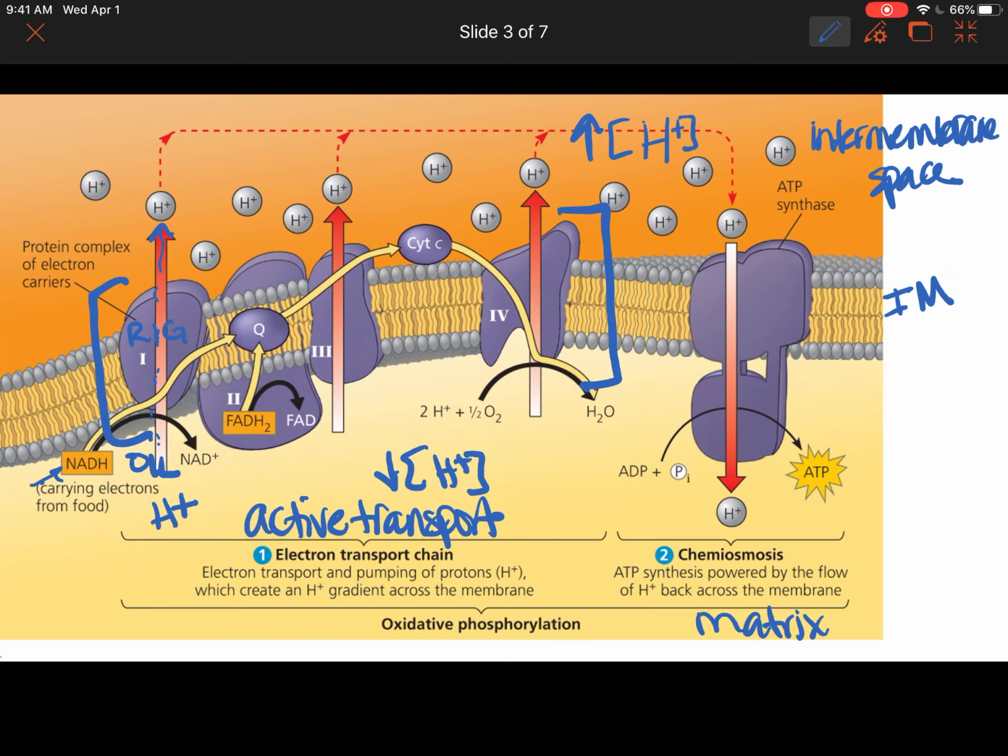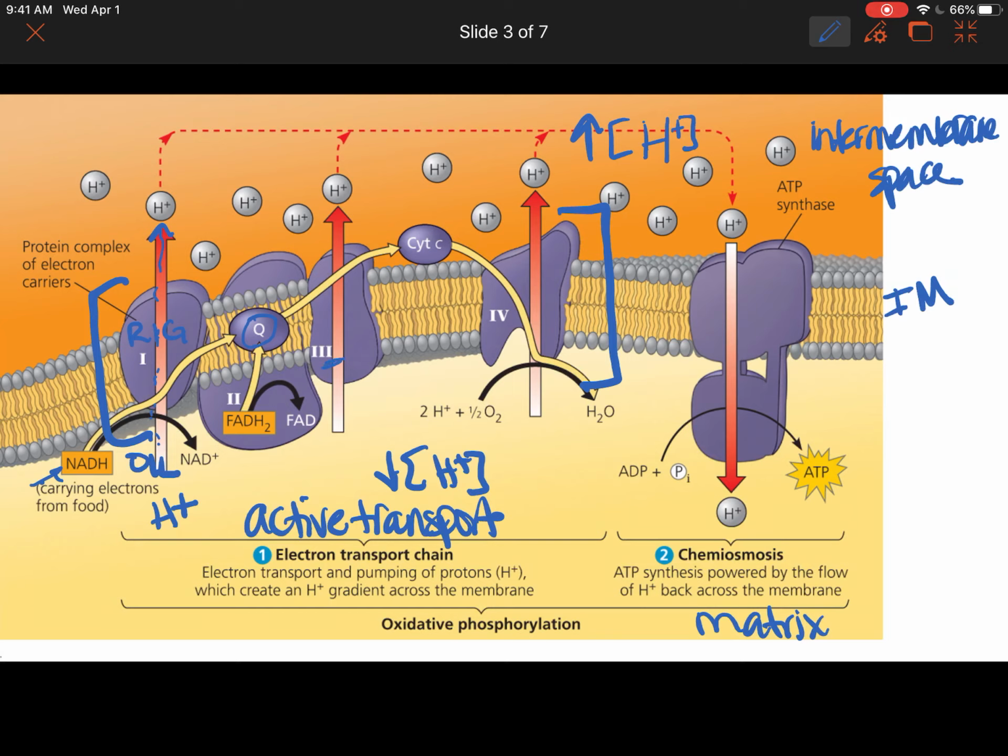So NADH transfers its electrons to complex 1. Complex 1 uses some of the energy to actively transport hydrogens. Then those electrons are picked up by an electron shuttle. That's what this little Q molecule is. And those electrons are transferred to complex 3.